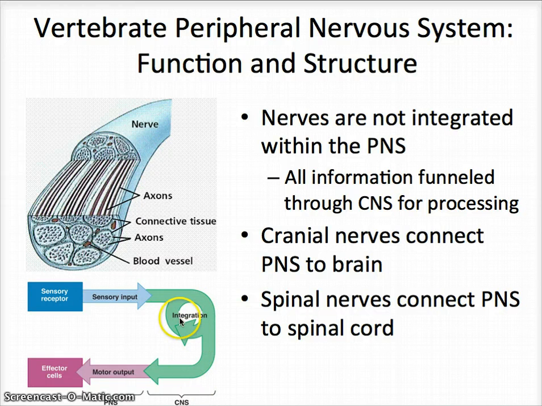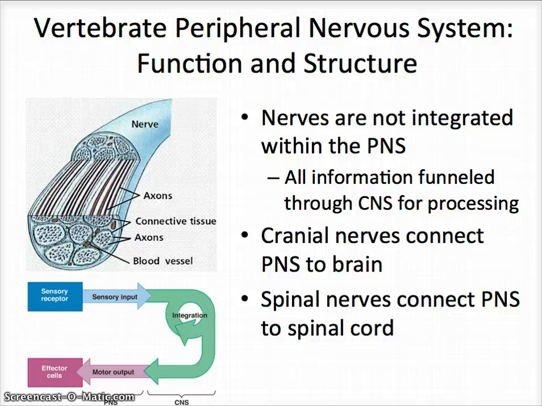The integration happens only in the central nervous system, where all of those interneurons are. So all of the information that travels through the peripheral nervous system has to be funneled through the central nervous system in order to be processed.